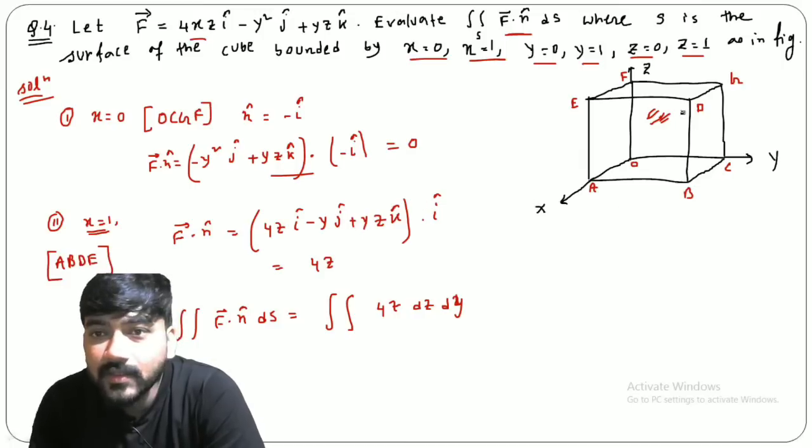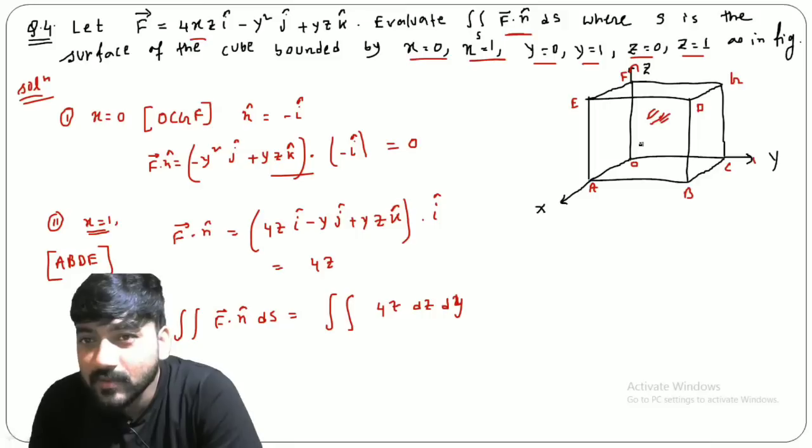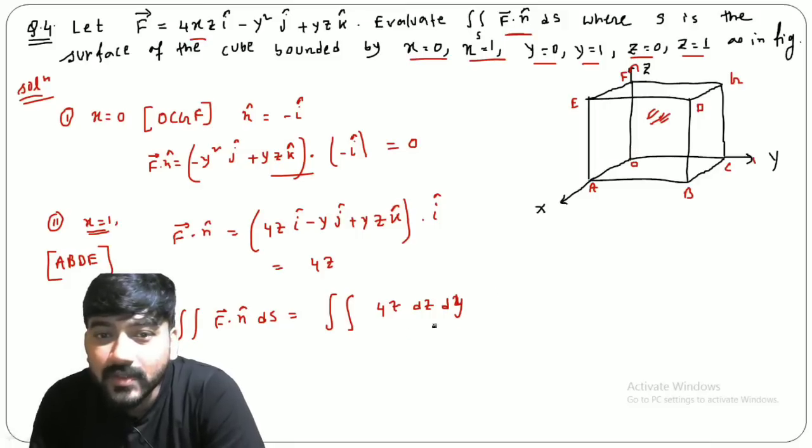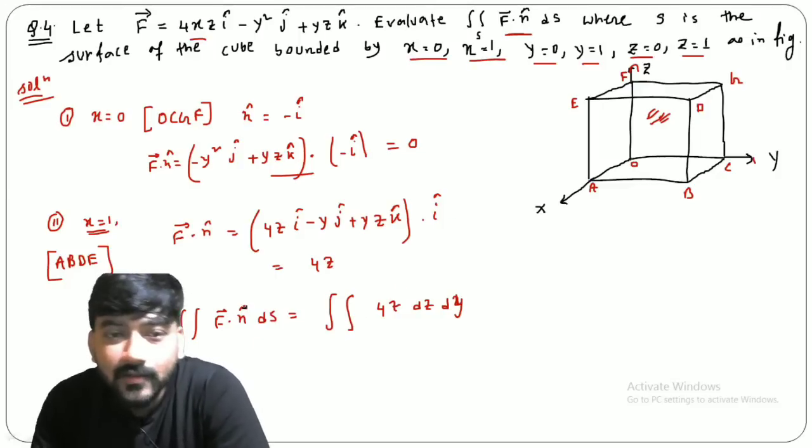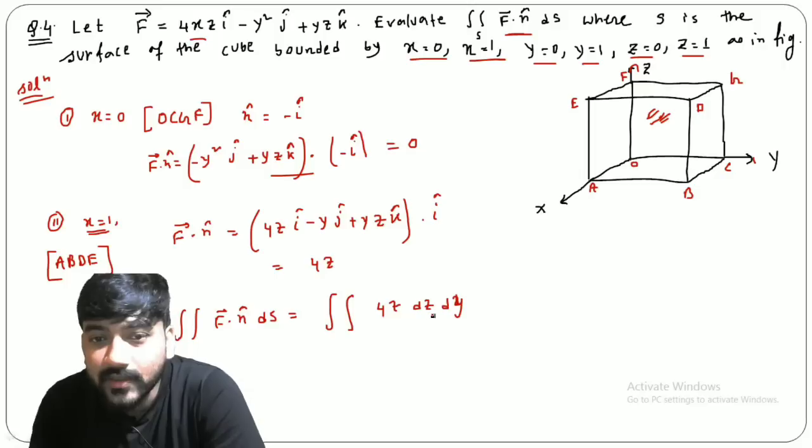If ABDE is the surface, then it is parallel to the yz plane. This is the z axis, this is the y axis, so DEAB is parallel to the yz plane, so its projection will be on the yz plane. So it will be just dz dy, and here n cap we have defined earlier, n cap is i cap. So that is the integration that we have to do.